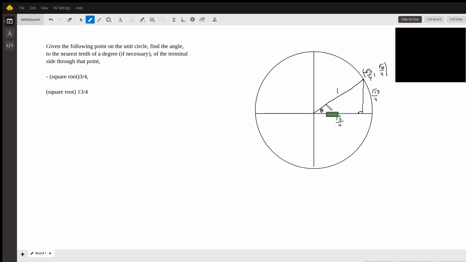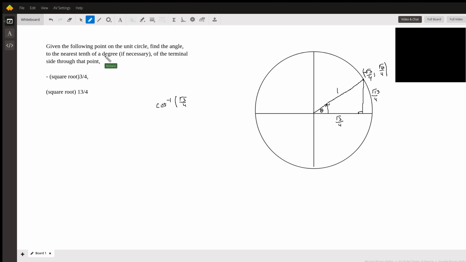But they want the size of this angle, theta, and there's just no way I can find it by hand that I could think of. So I had to resort to the calculator. I'm just going to go the inverse cosine of root 3 over 4. And I've set mine in degrees.